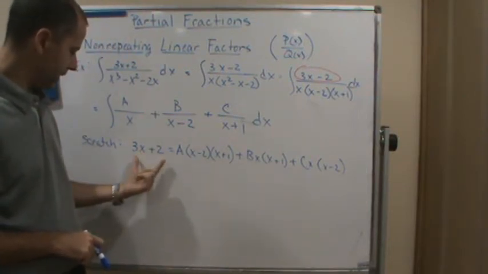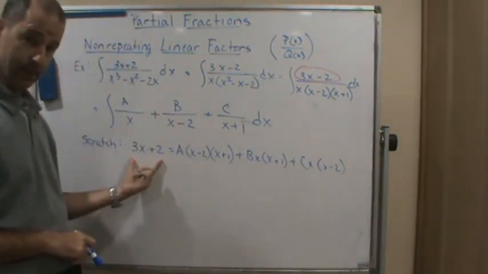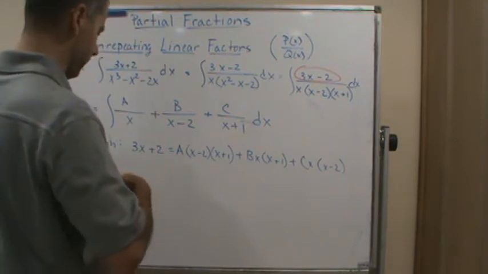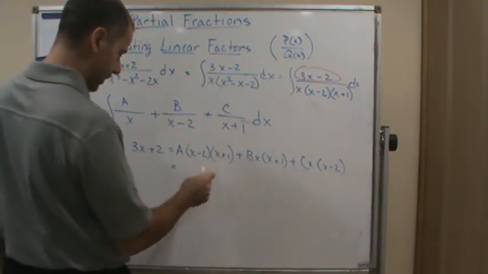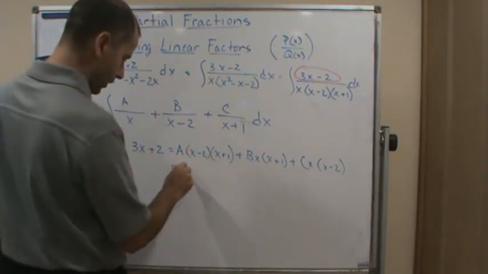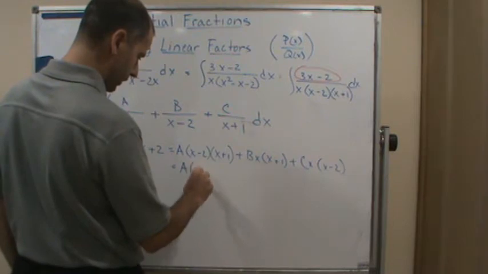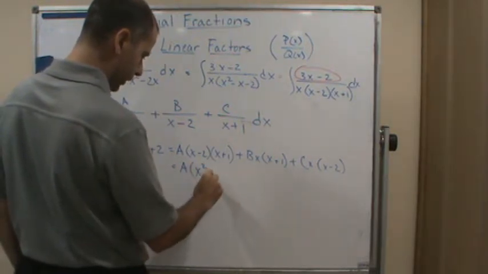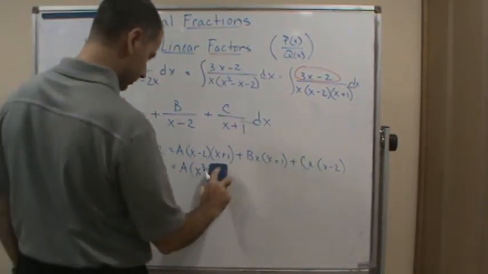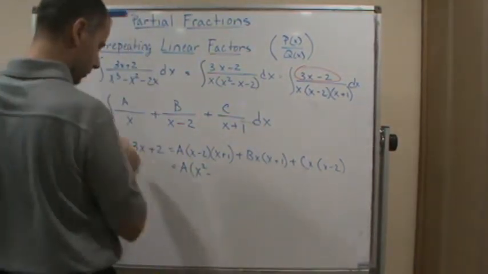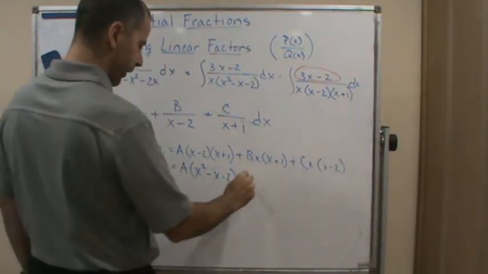Okay? I want this side over here to match this side. So watch what I'm going to do. So I'm going to just distribute and simplify by combining like terms. So this is going to give me x. So these two are going to give me x squared minus x minus 2.